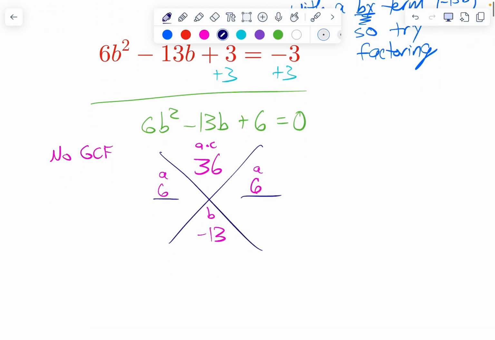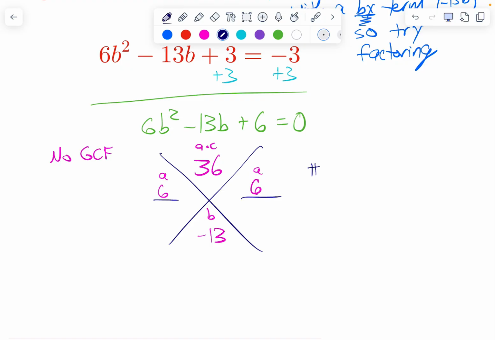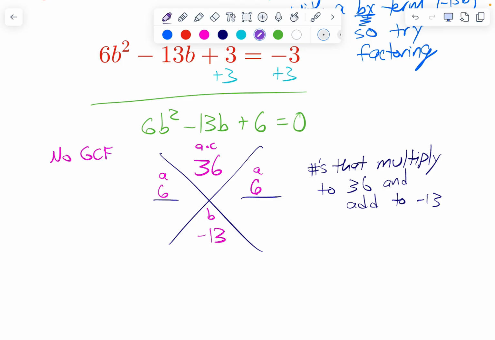So we're looking for numbers that multiply, what we call factors, so numbers that multiply to make 36 and add to negative 13. Okay, what are those? Negative 9 and negative 4.